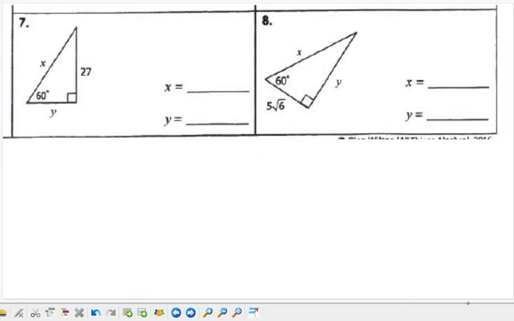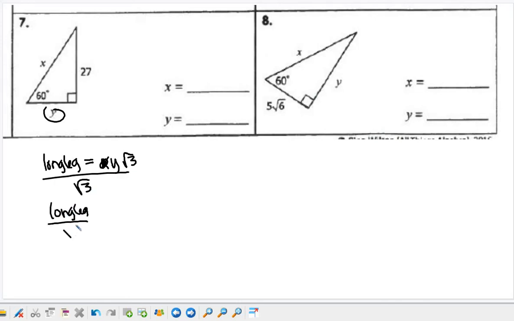Number 7. So we have the long leg, okay? So I need to go back to the short leg. So remember that the long leg is equal to the short leg, which in this case would be y, just because that's the way they labeled it, times the square root of 3, which means I can find the short leg by taking the long leg and dividing by the square root of 3.